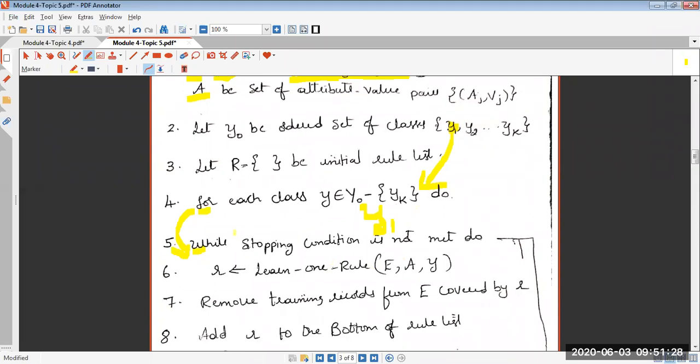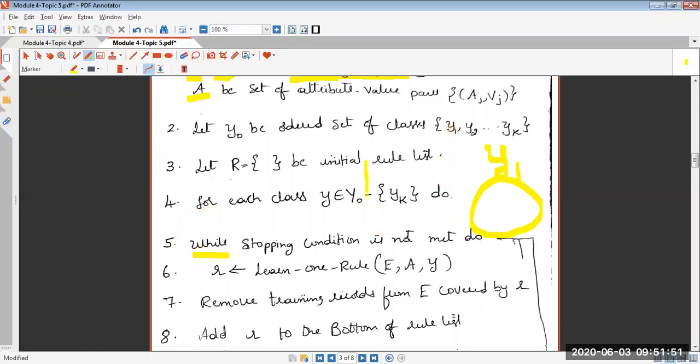So now I entered into the first iteration of the for loop. With this first iteration, I will enter into the while loop. I already told you the objective of this while loop: for the class under consideration, which is y1, we need to identify the rules.